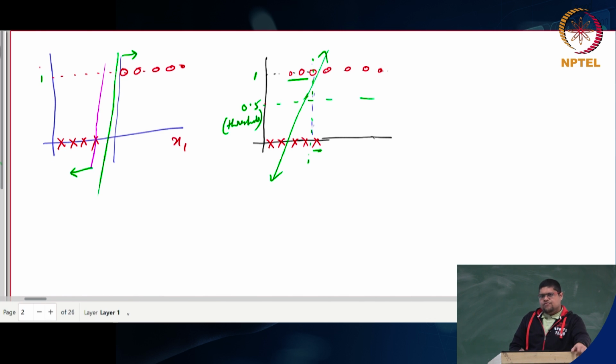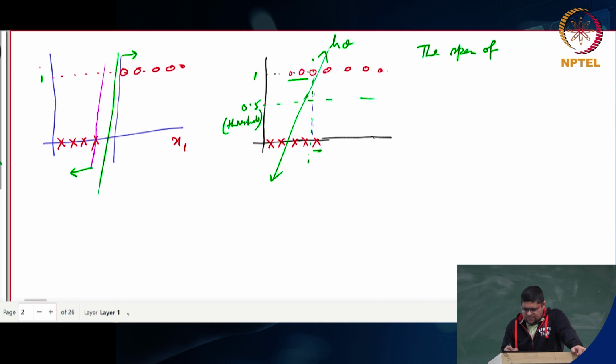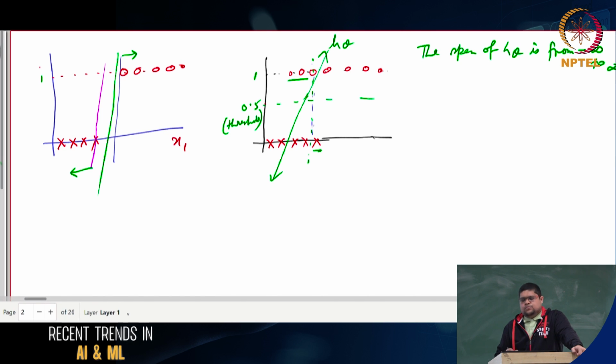The span of this line, h theta if I call it, is from minus infinity to positive infinity. So that means this line's value, if I consider this 0.51, this h theta value may be more than 1 and also less than 0, right?